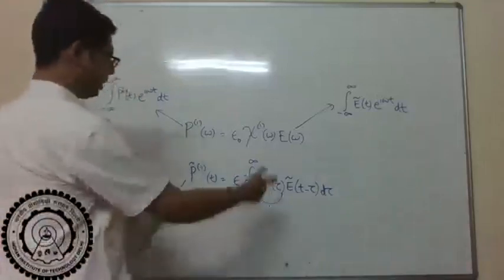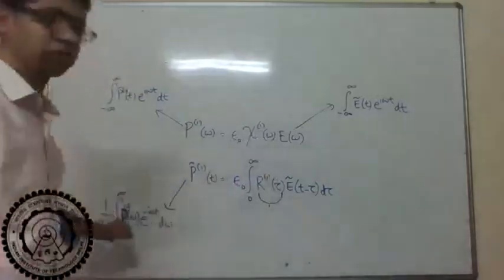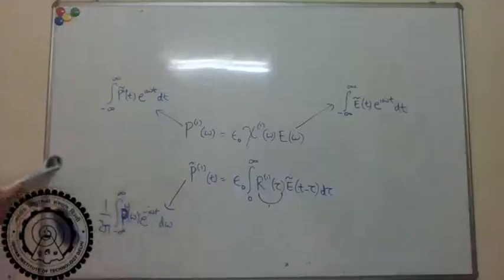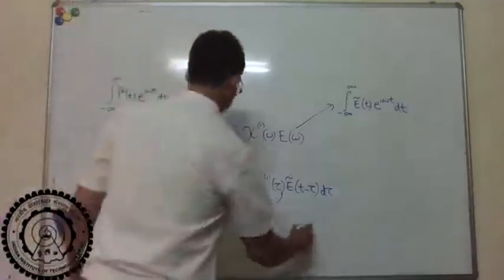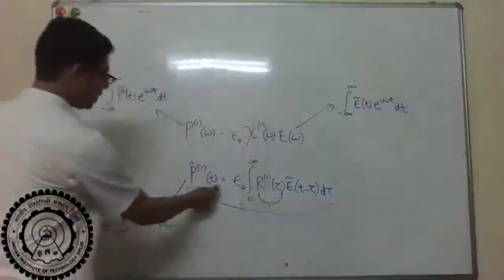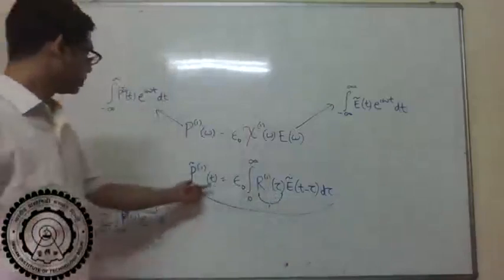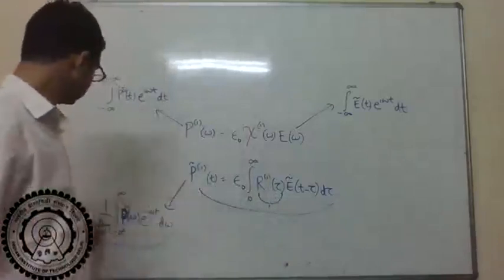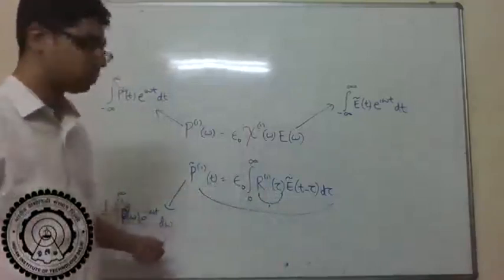And similarly, E of t is the inverse Fourier transform of E of omega, right? So, for example, in this expression, if I substitute the time domain values with their frequency domain counterpart, I replace P of t by this integral over omega.